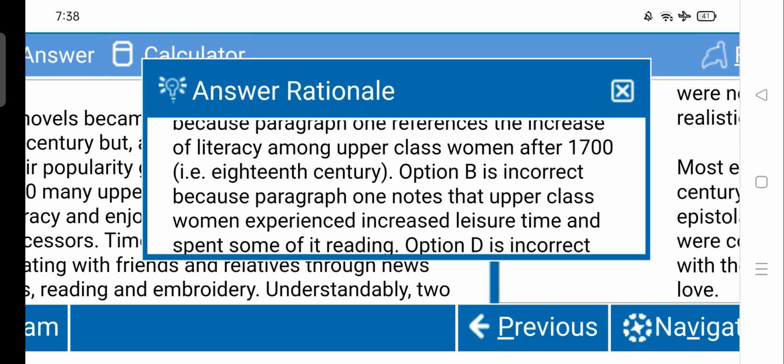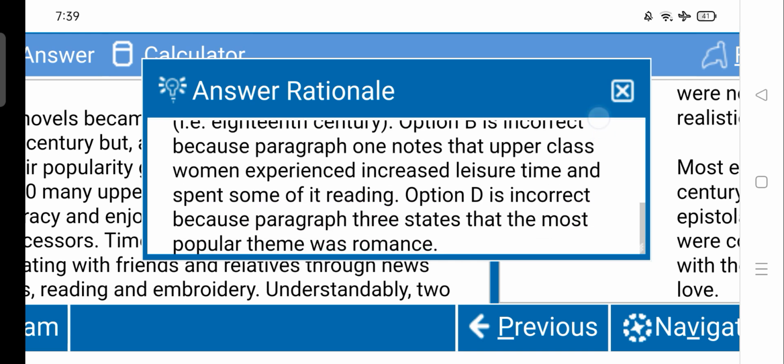Option B is incorrect because paragraph 1 notes that upper class women experienced increased leisure time and spent some of it reading. Option D is incorrect because paragraph 3 states that the most popular theme was romance.